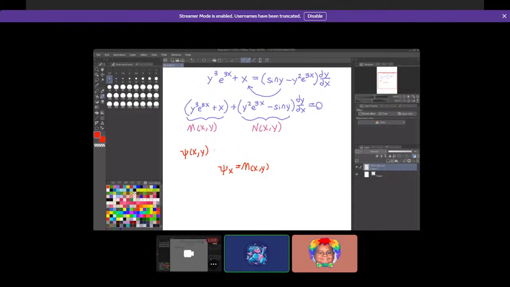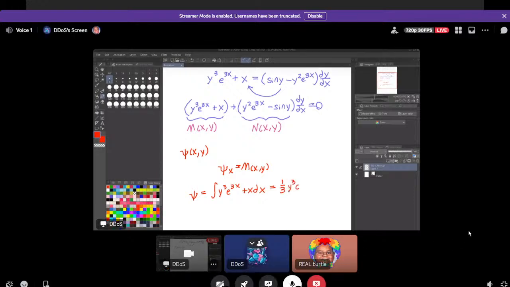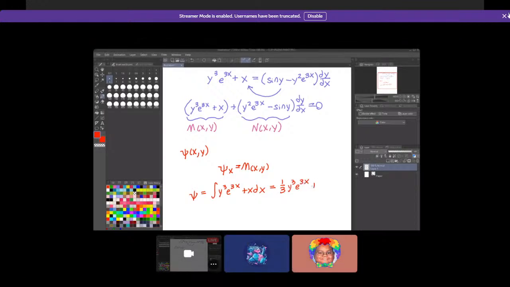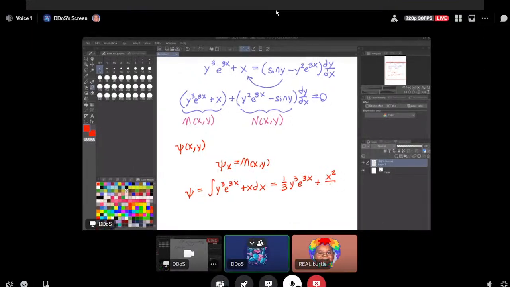So we need to integrate M with respect to x. So the integral of y cubed e to 3x plus x dx will be phi, which is 1/3 y cubed e to 3x plus x squared over 2.